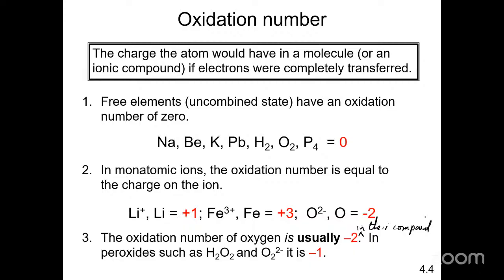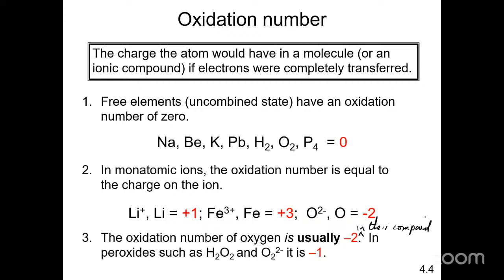Okay, so when you have oxygen combined with other elements, the oxidation number of oxygen is usually -2, but there are exceptions. And the exceptions would be in the case of hydrogen peroxide or any compound containing the peroxide ion. And in those exceptions, the oxidation number of oxygen is going to be -1, all right?